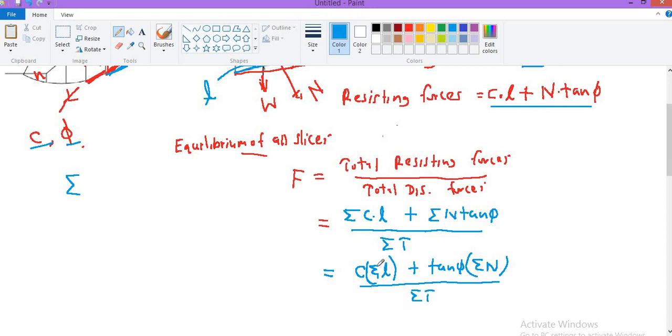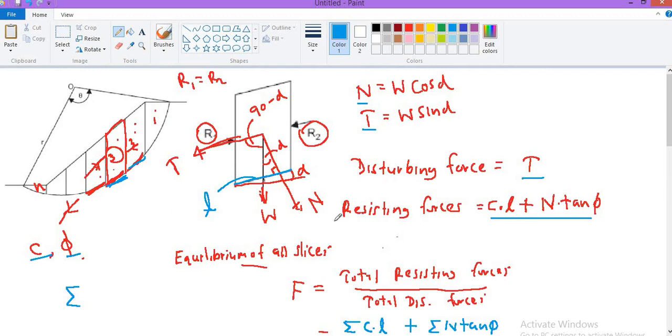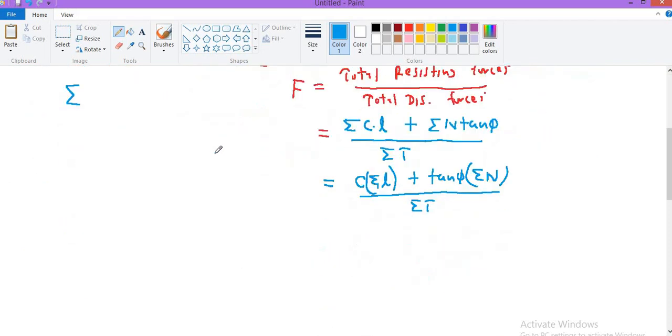And what about this sigma L? Sigma L means we take all these L1, L2, L3, likewise all the L values. So all the L values comprise the total length of the slip circle. Now we already know the total length of the slip circle, because if this angle is theta and the radius is r, then the total length will be r theta, just like we did in the last formulation.